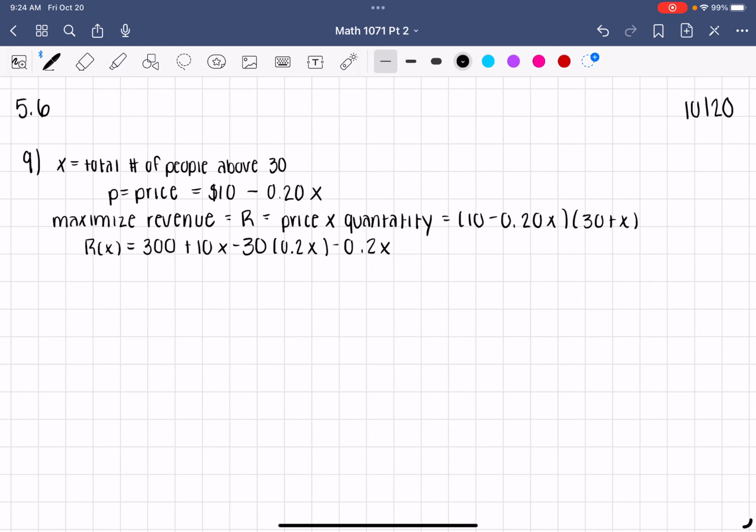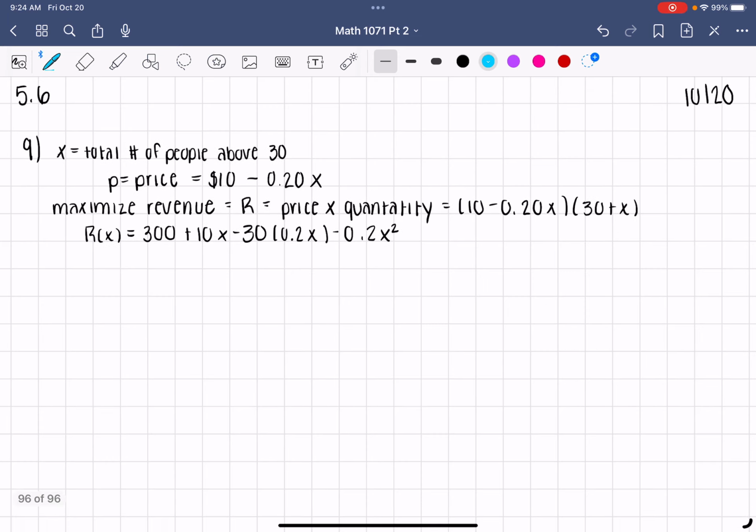So let's simplify. 300 plus 10x, let's see. 0.2 times 30 is 6. 2 times 3 is 6.